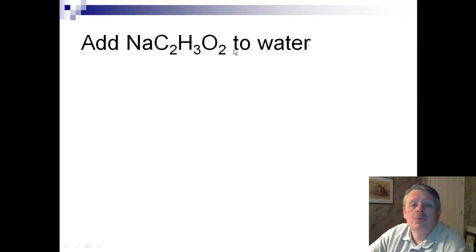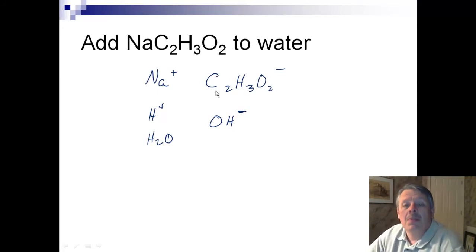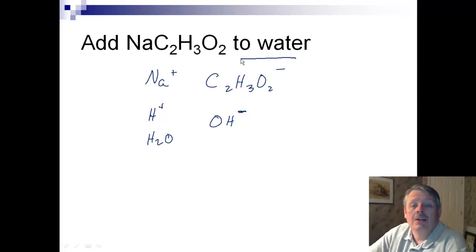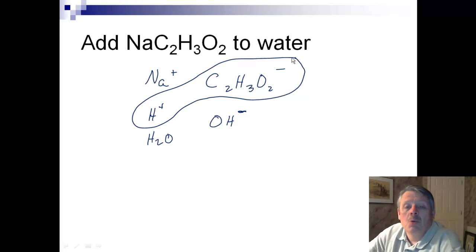But what happens when you add sodium acetate to water? Well, sodium acetate breaks up into Na+ and C2H3O2-. Now remember, we do have water here, but we also have H+ ions and OH- ions floating around in the water. The acetate ion likes to be a weak acid, so it will go and bond with the H+.